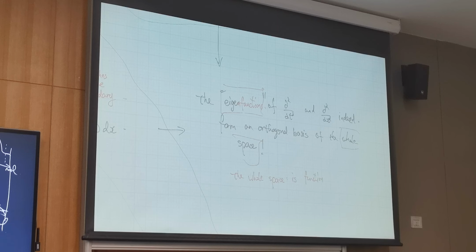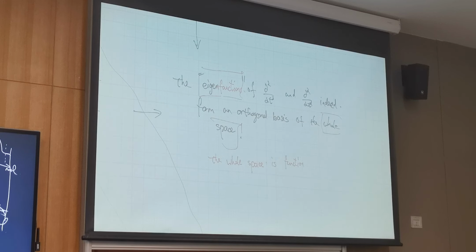But let's say the whole space is the space of functions on the strip, where (x,t) belongs to 0 to L, and t from negative infinity to positive infinity.